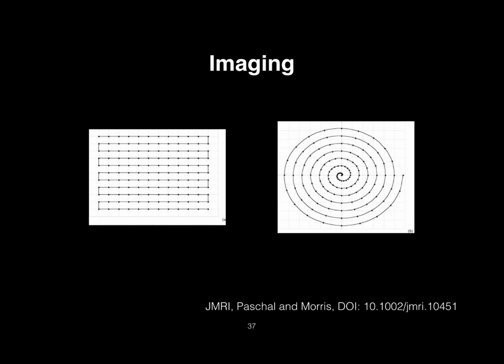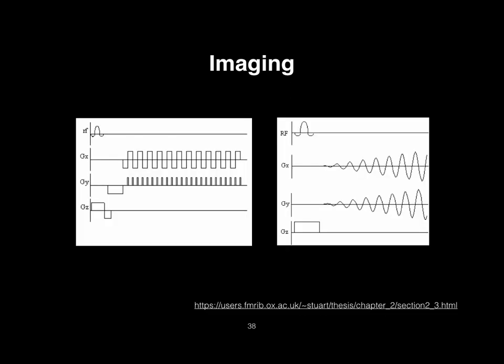Okay, spiral doesn't have the hard turns that EPI does. I'll have examples of what the waveforms are in the next slides. These are more like sinusoids that keep increasing in frequency, but still very demanding in terms of timing and power requirements.